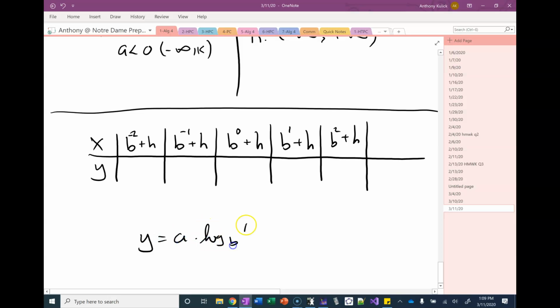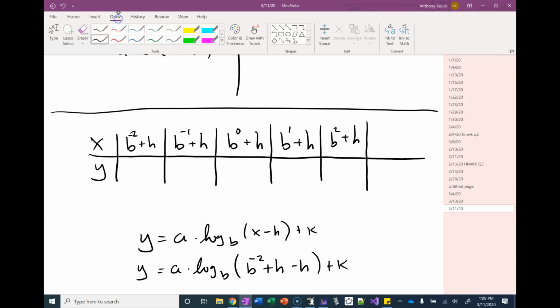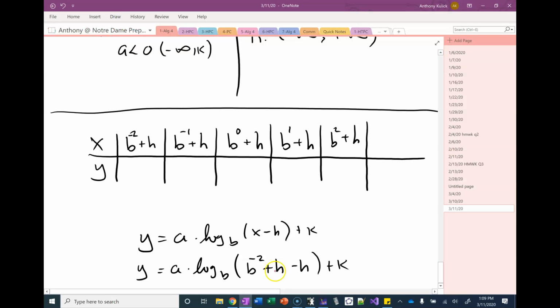So if I take my general logarithmic function and say let's plug in that first value for x. In place of x, I'm going to plug in b to the negative 2 plus h. Look at what's going to happen here. I have a plus h and a minus h.